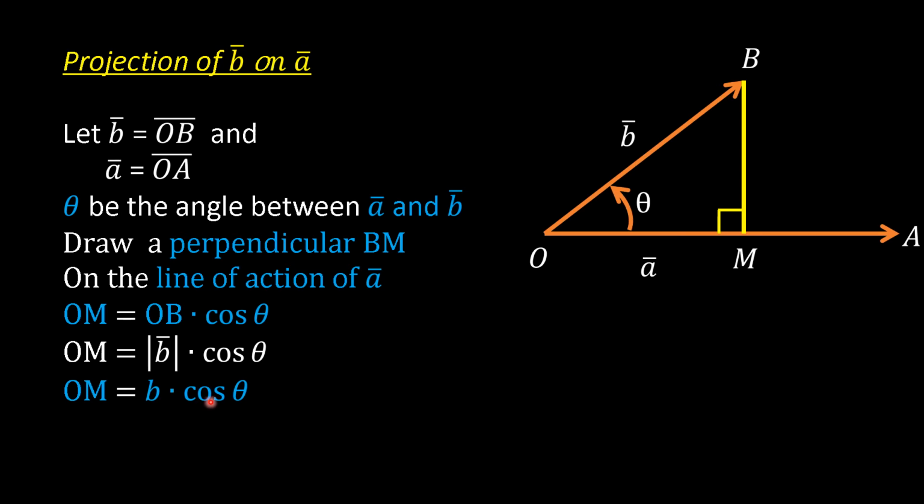So OM will be B cos theta. But OM is nothing but the projection of B bar on A bar, which is B cos theta.